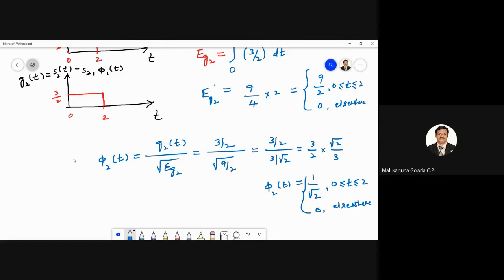Fine. So I found that phi 2 of t is 1 by root 2 over 0 to 2. So how can I represent this graphically?